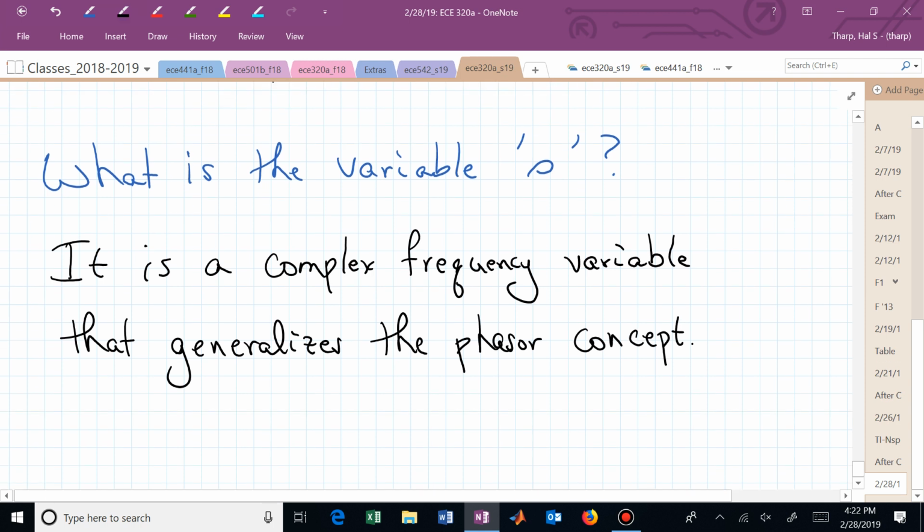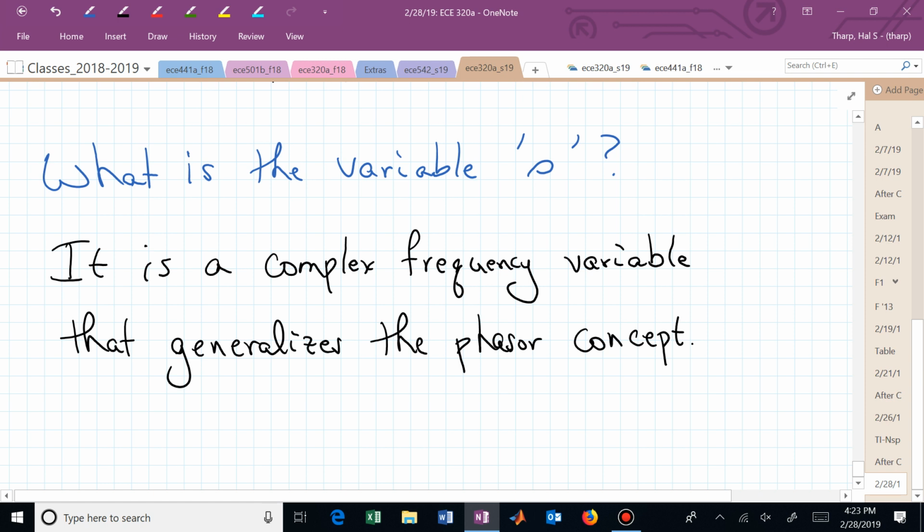And you had the phasor concept back in chapter 9, right? The phasor concept is when you're just continually shaking. You're doing sines and cosines. The s is a generalization of that.